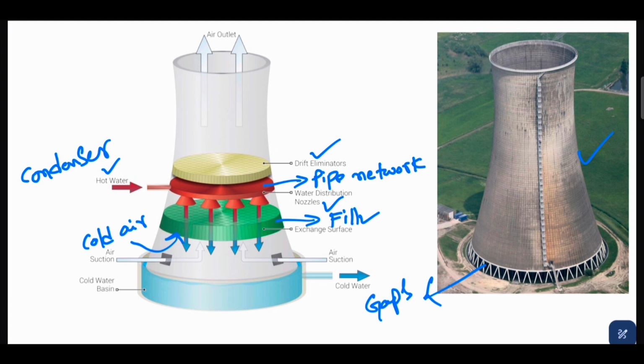By increasing the surface area, more cooling occurs, and we are also increasing the time of travel of hot water. When we increase the time of travel, more cooling occurs. So this is the basic purpose of using this film material.